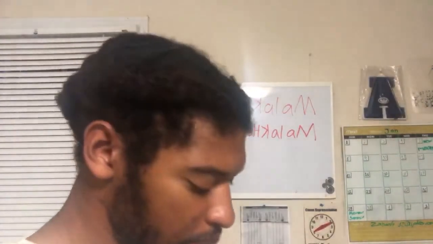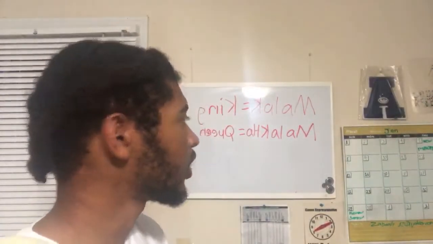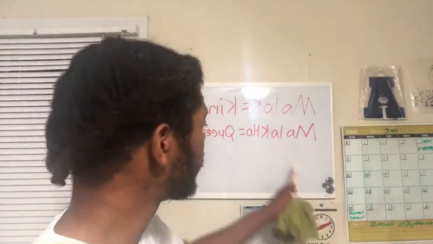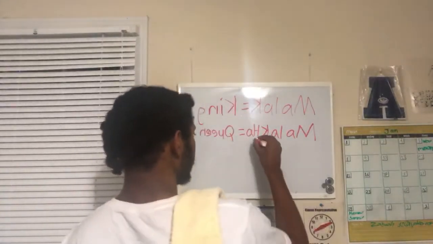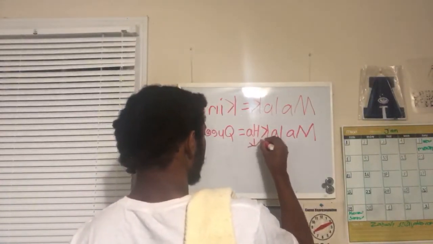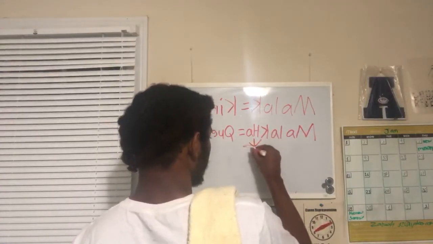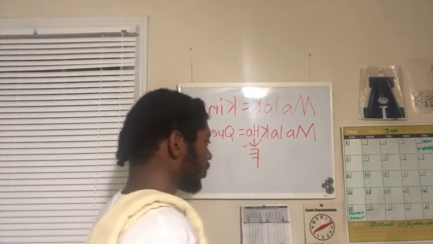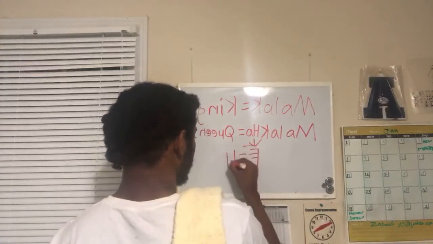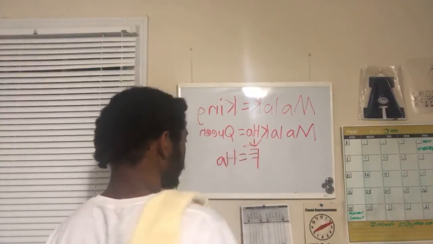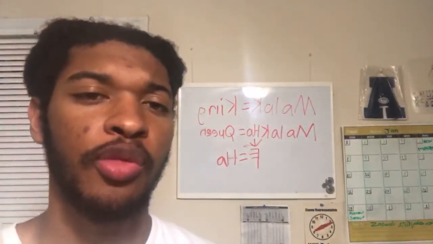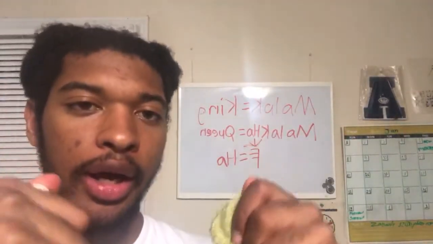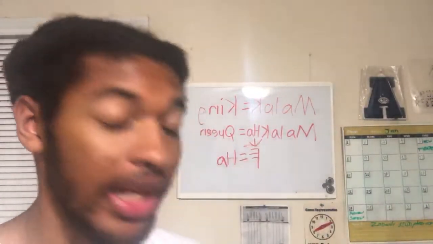So, what makes Malika instead of Malik? Malika is feminine because of ha, this character right here. When you look at ha, like we went over before, wa would make it masculine, ha would make it feminine, and that's singular.